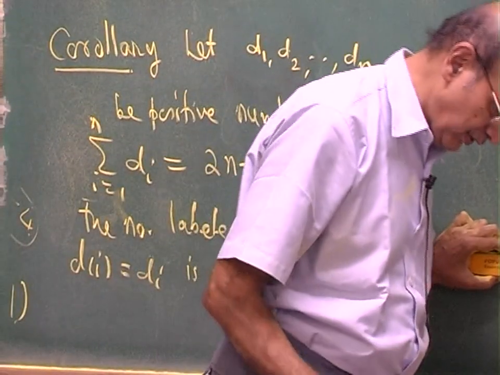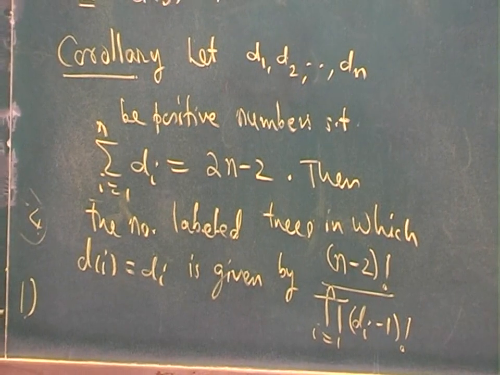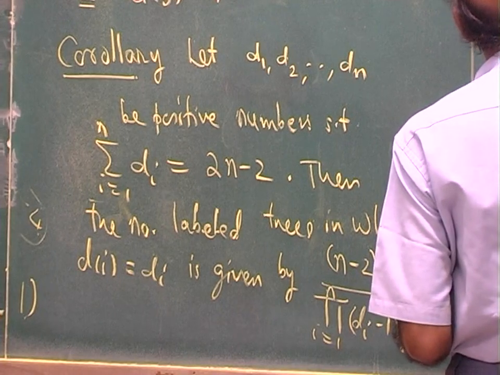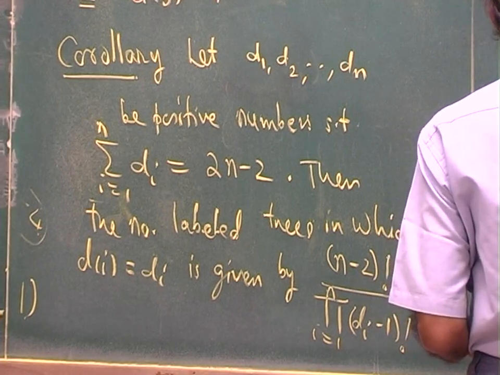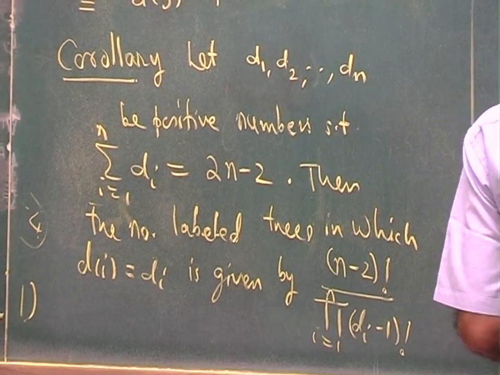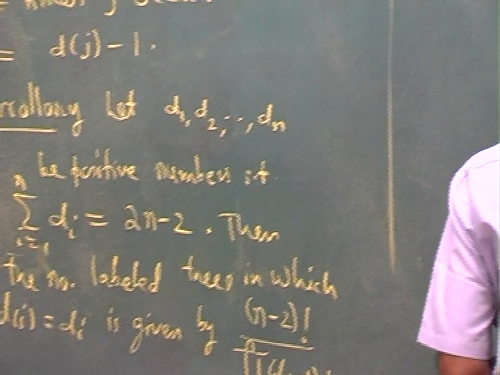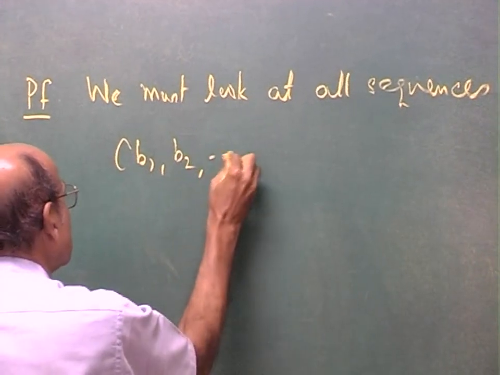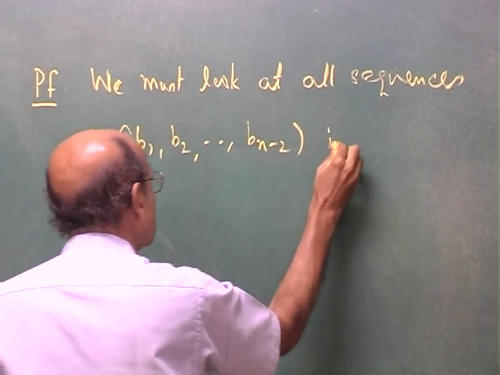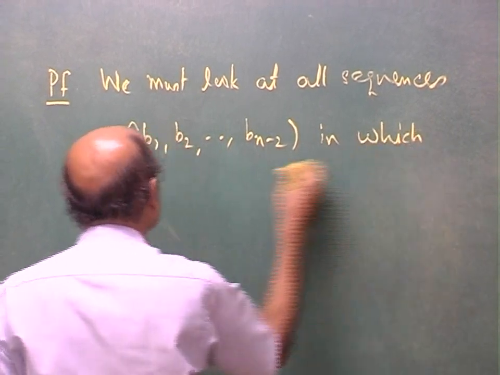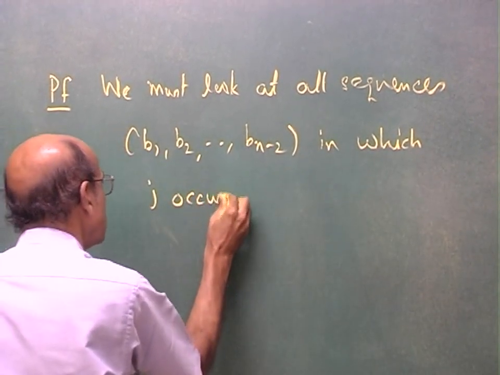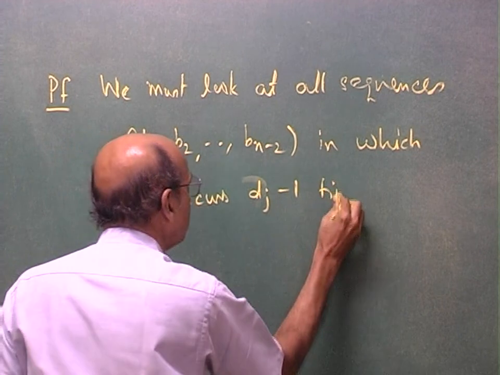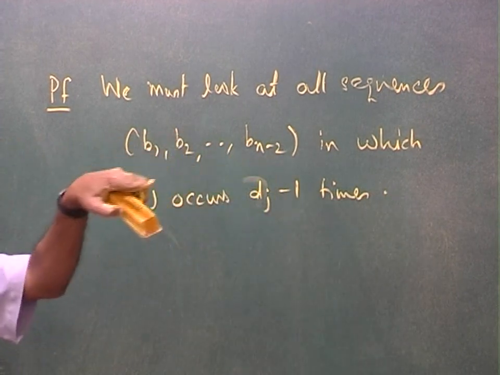How does this follow? Because in the proof or code, among all sequences, j occurs dj minus 1 times.